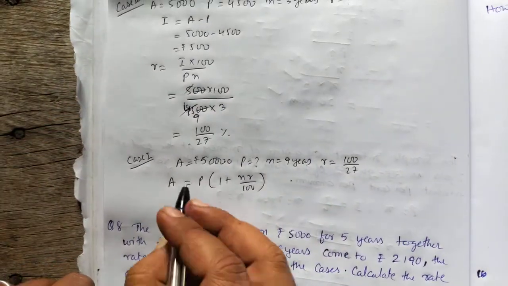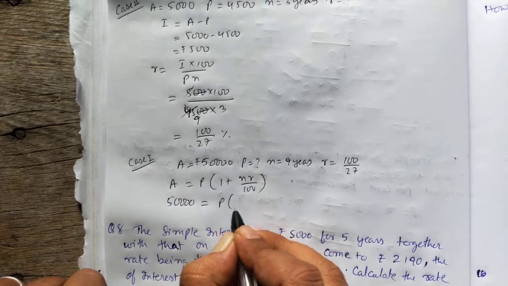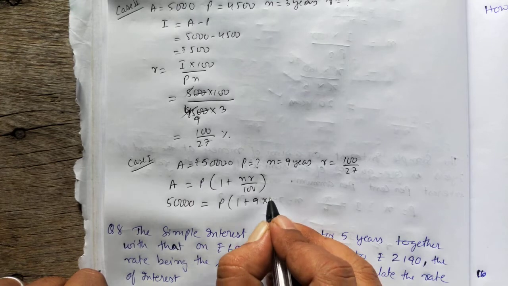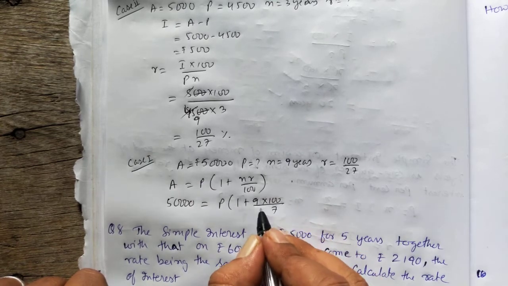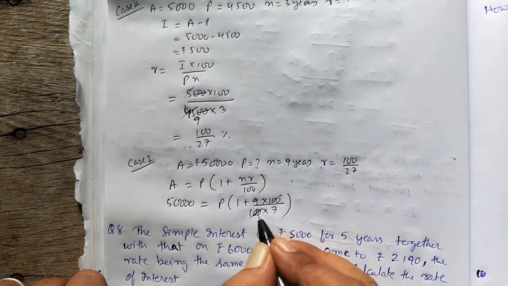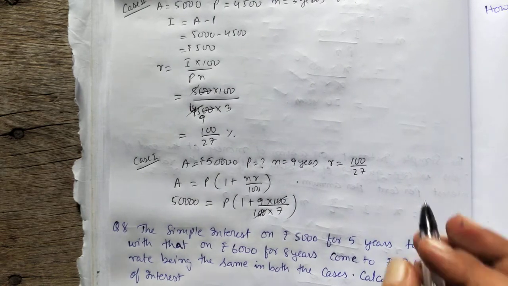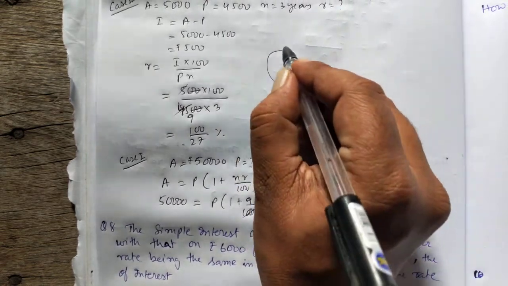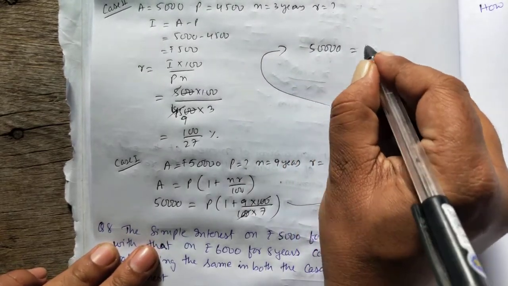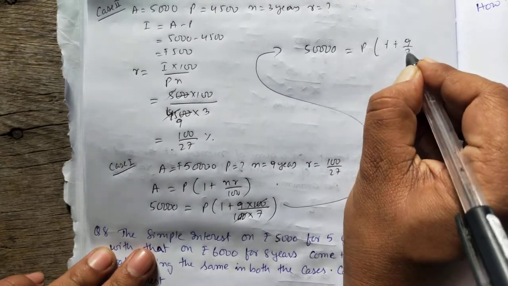Now we'll put the value. Amount is 50,000, P we don't know. 1 plus N is 9 into R is 100 by 27, and this 100 is already there. 100 cancel. No space, I'll do it on the top. So 50,000 equal to P. You're left with 1 plus 9 by 27.